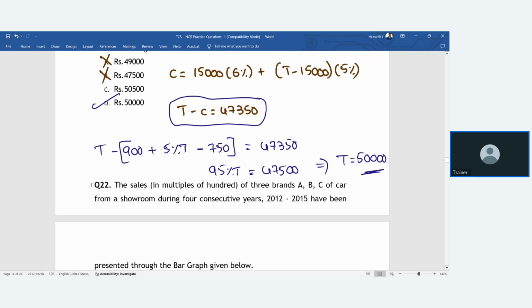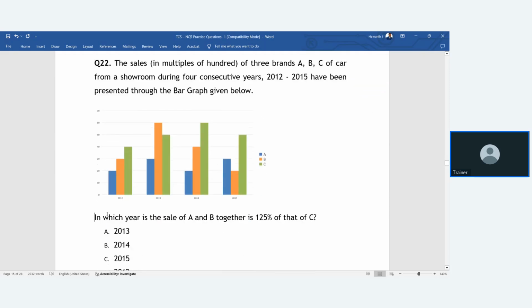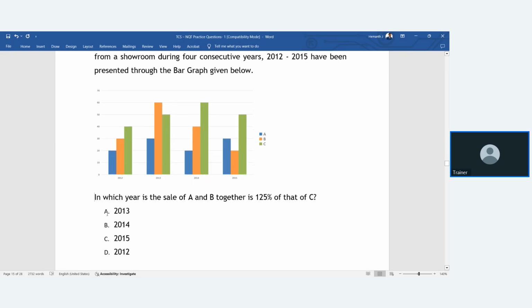See question 22. A and B together is 125% of C. You check once. What's the answer you have to get here?